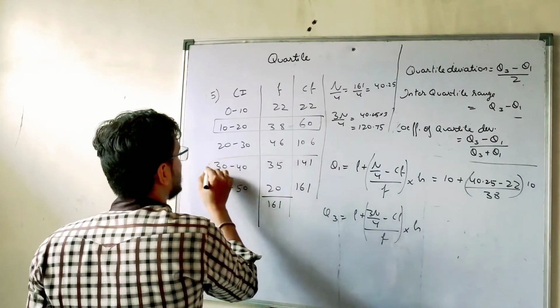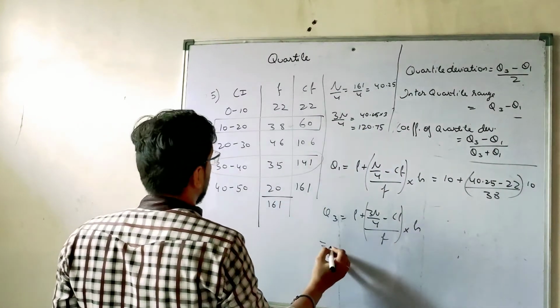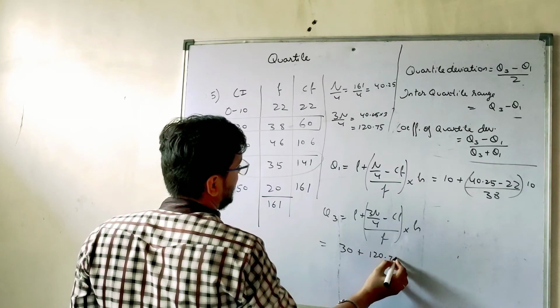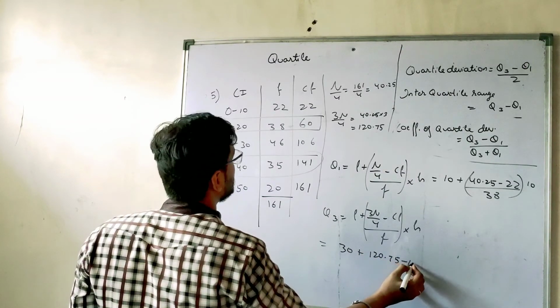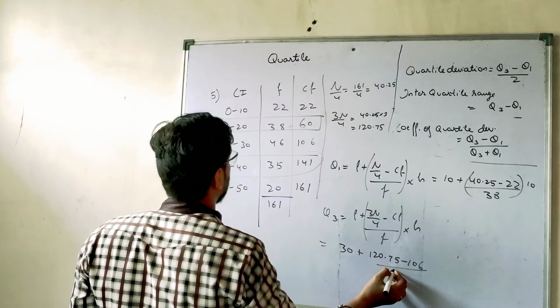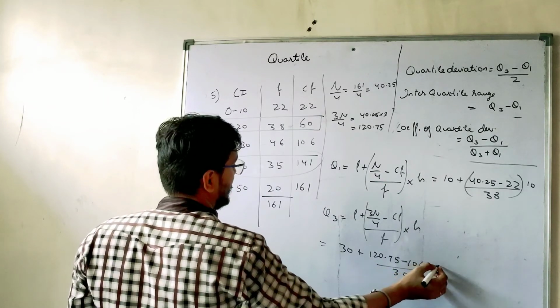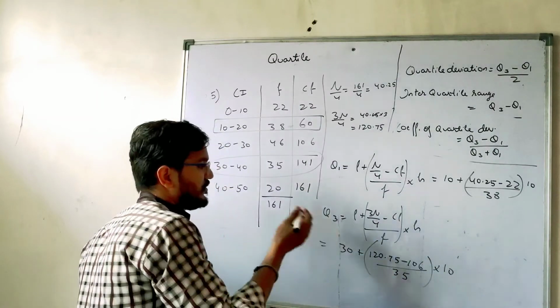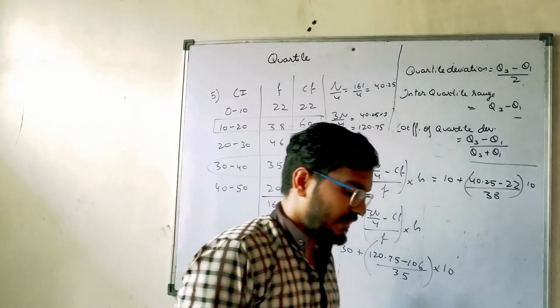So it will lie in this range. So L is 30 plus 120.75 minus CF is 106 upon F is 35 multiply by h is 10. So in this way you can calculate Q1 and Q3.